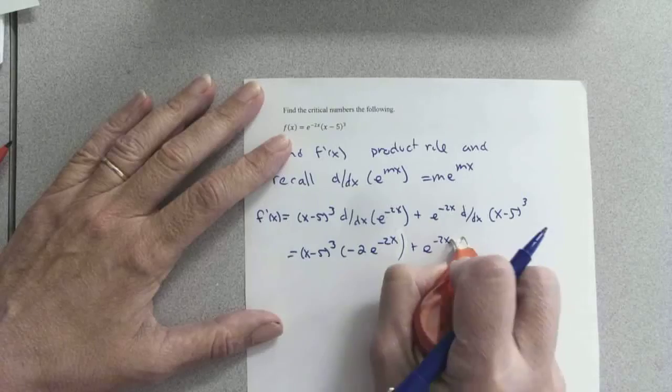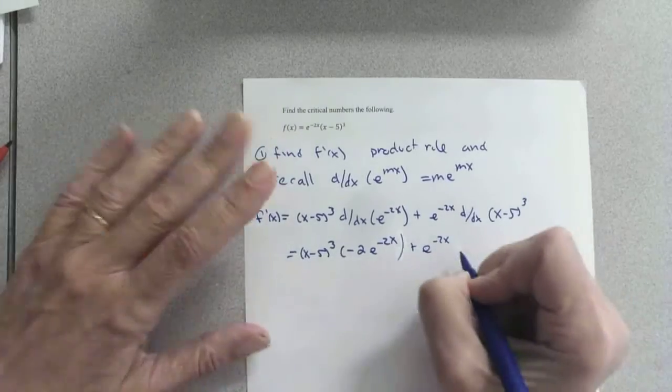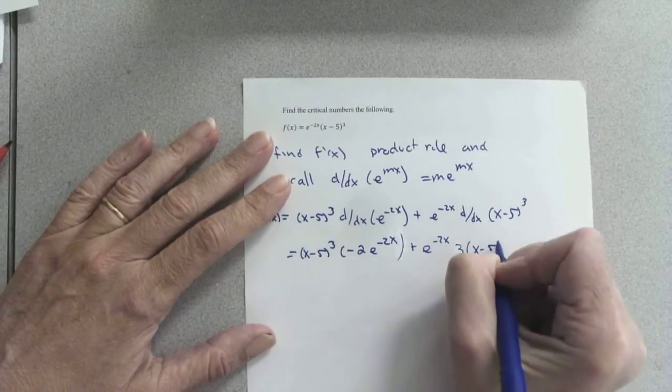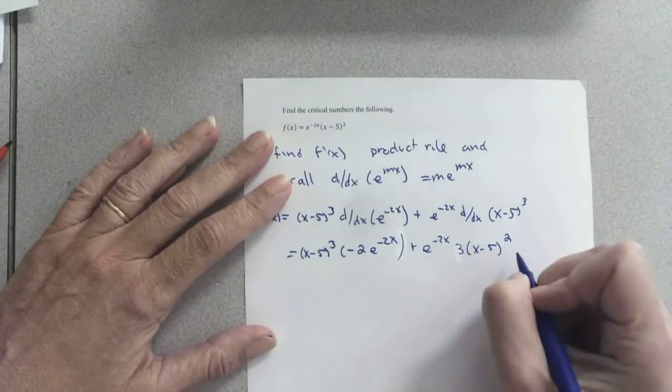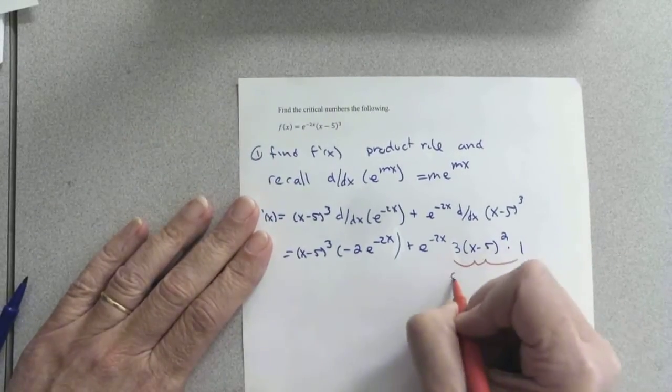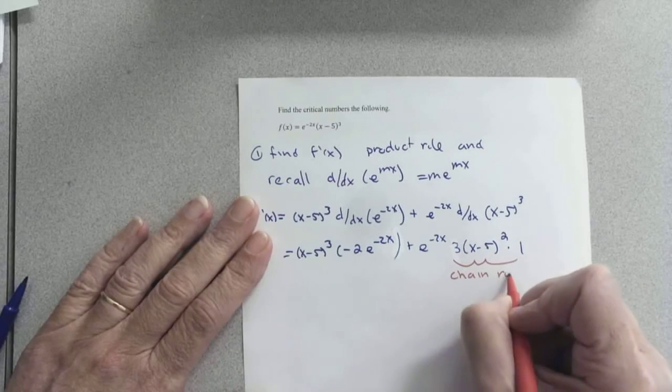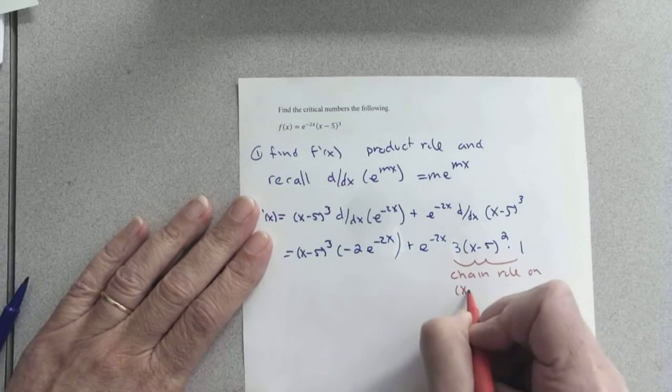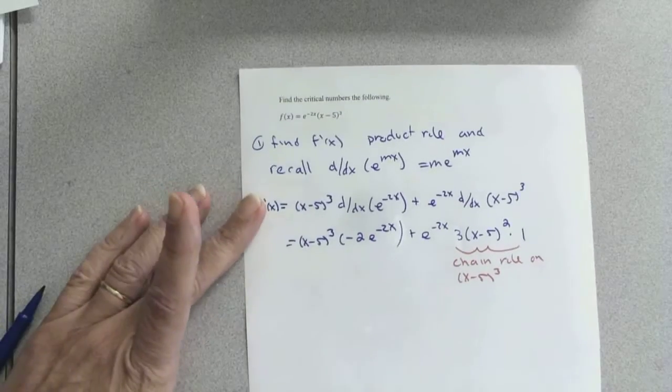And doing that derivative on the end with a chain rule, multiply by the exponent, decrease the exponent by 1, derivative of the inside times 1. So that was a chain rule on x minus 5 quantity cubed.